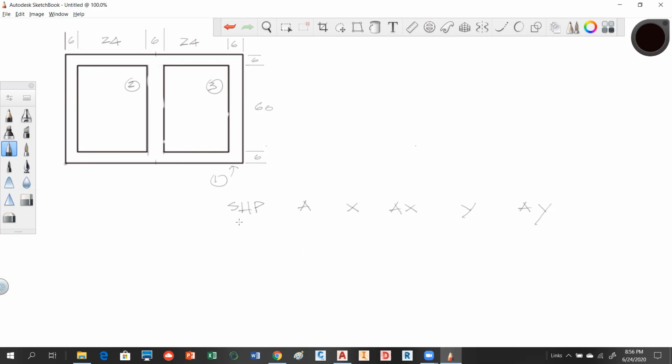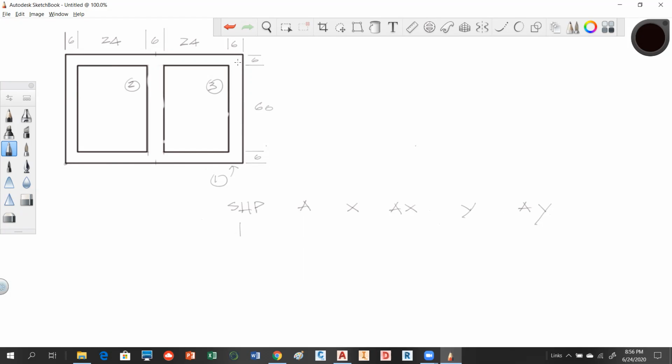So starting with shape 1, we have a rectangle that is 72 by 60, or is it 72 this way? Let's check that. So make sure we check that.